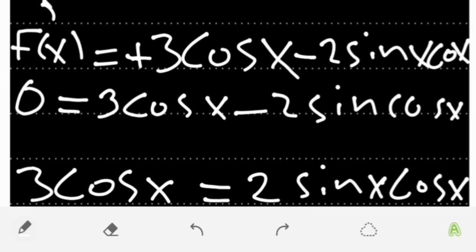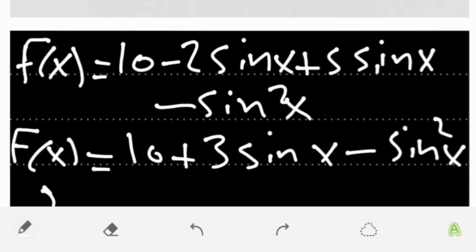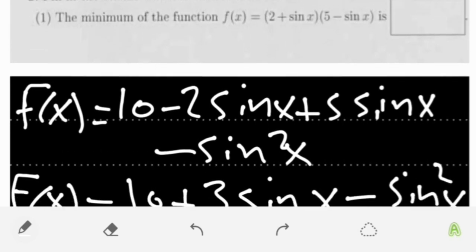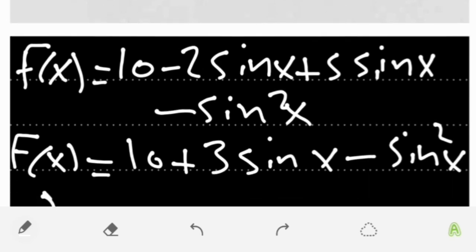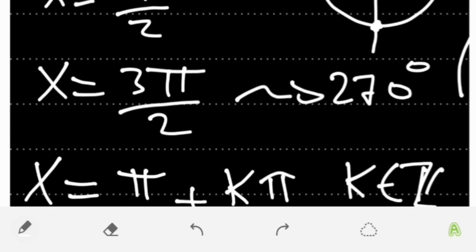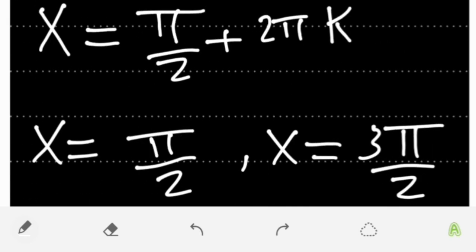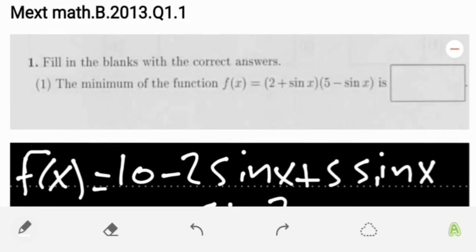Because we found the derivative, and when we equal the derivative to 0, we can find the maximums and minimums. So what can we do now? Well, we need to find the minimum of the function. So we are going to plug both values of x in f(x). You can do the second derivative to find which one is maximum or minimum, but I think it's easier this way.